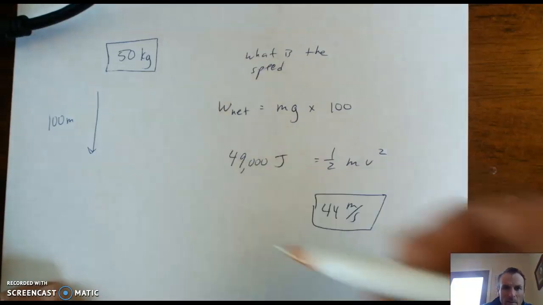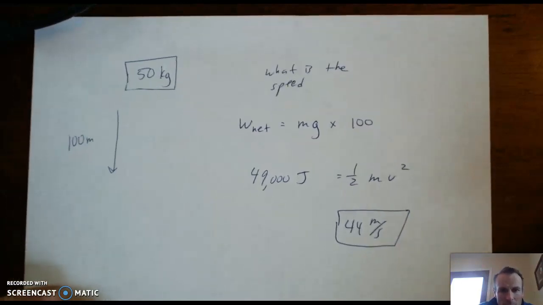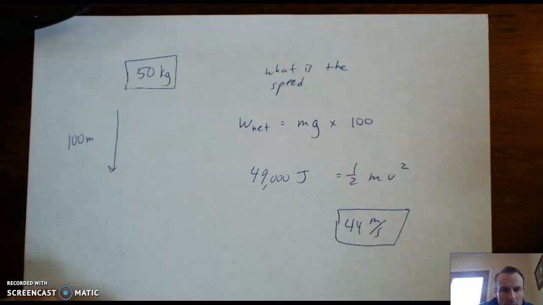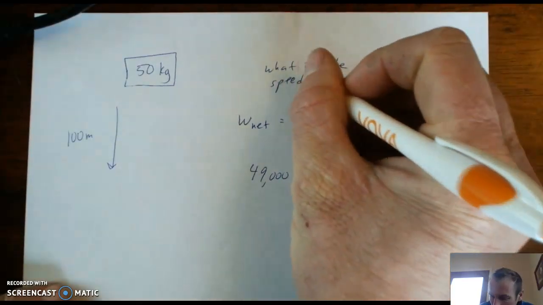Well, if you didn't like kinematics, you're going to find energy is a lot simpler. It's sort of a shortcut, and I like it, and most students like it too, because you'll see why it's a lot simpler. So if our question is, what's the speed here?